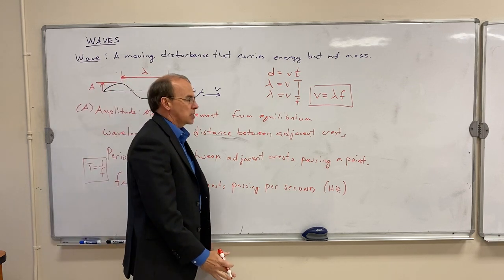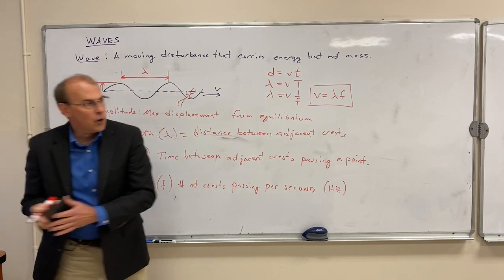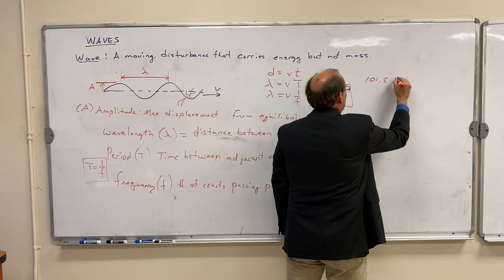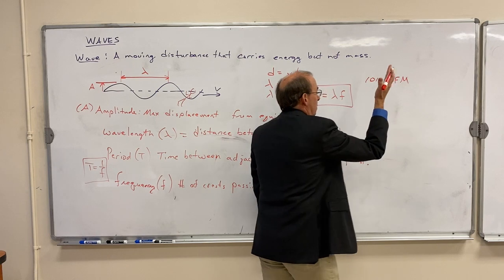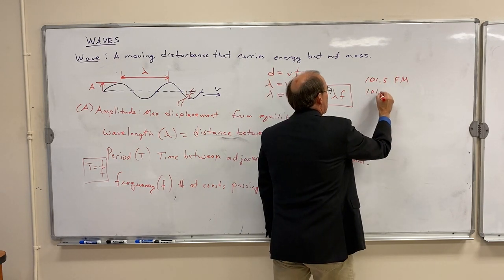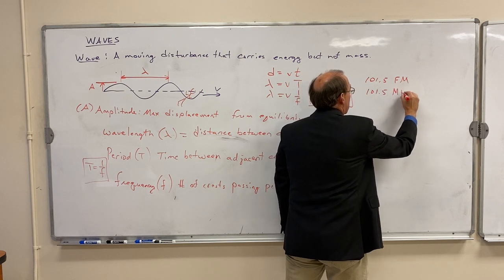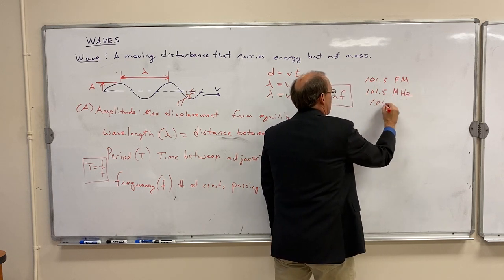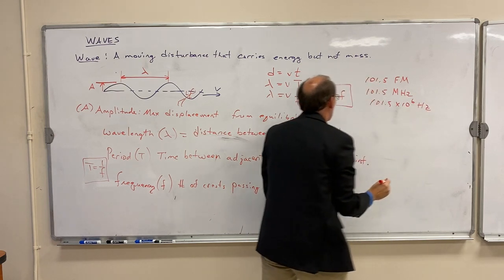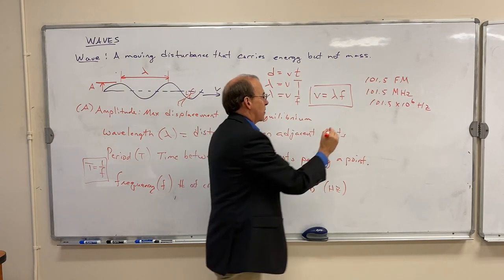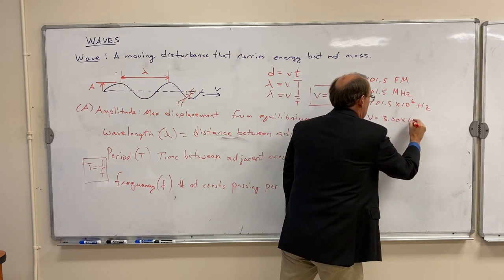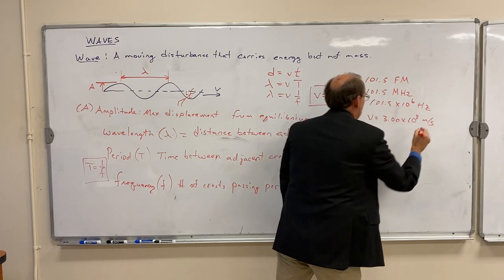Just a real quick example. Maybe you have a favorite radio station, 101.5 FM. This probably means 101.5 megahertz. That's 101.5 times 10 to the 6th hertz. Radio waves travel at a speed v of 3 times 10 to the 8th meters per second.